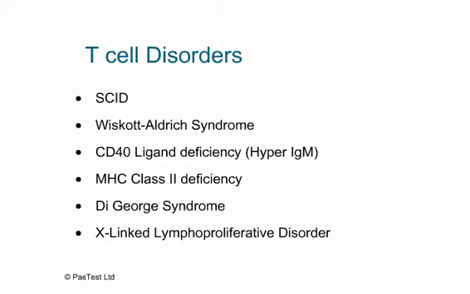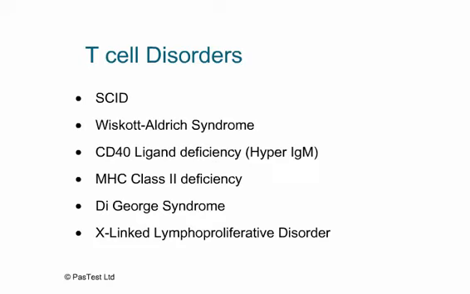So here's a list of the most common T-cell disorders. SCID is severe combined immunodeficiency, which means that children are unable to produce functional T cells.